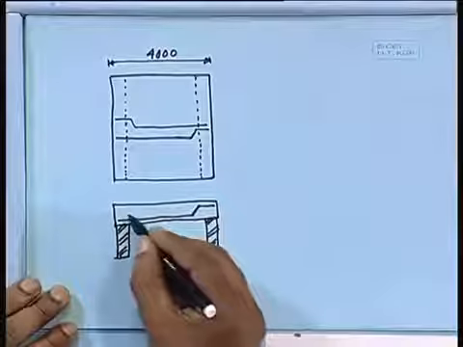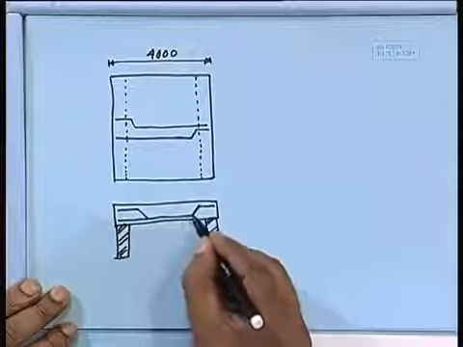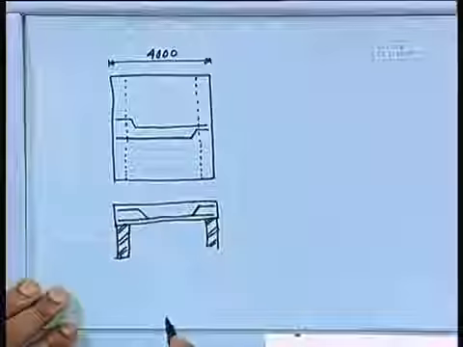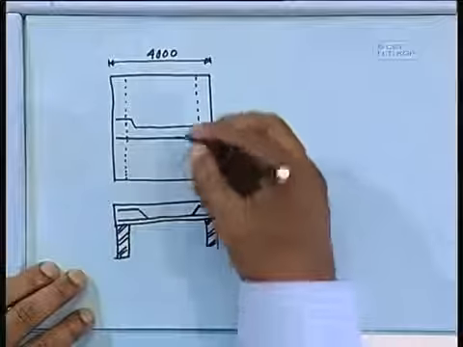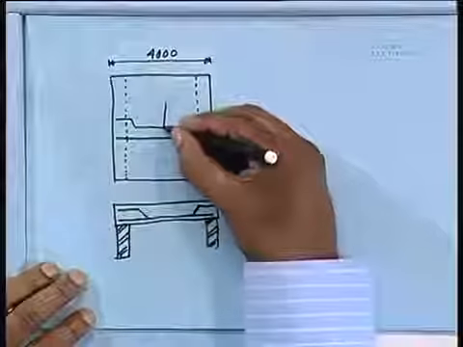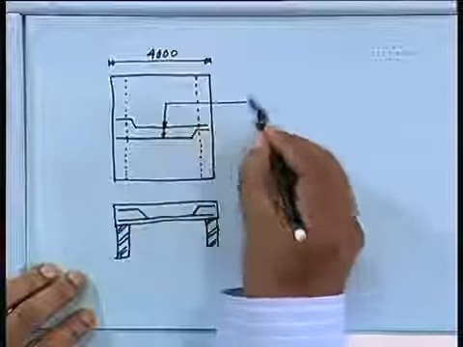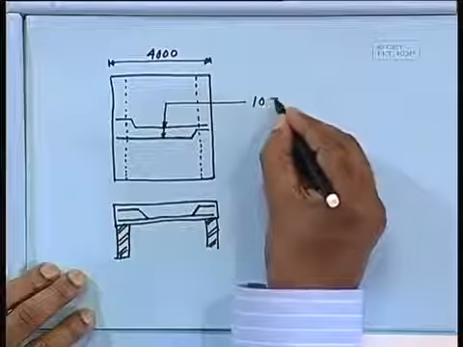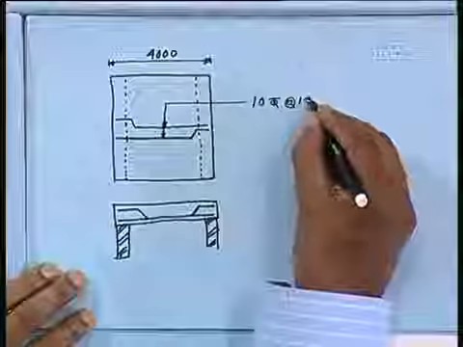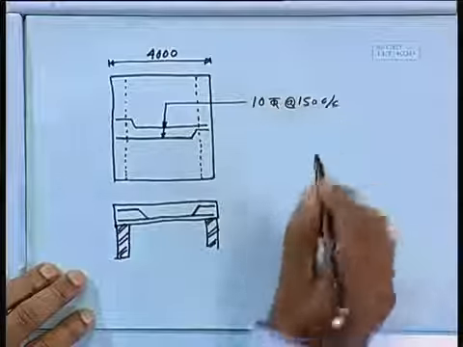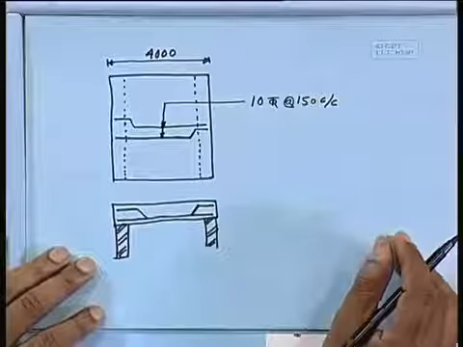So, I shall get the other reinforcement like this, and it will keep on going like that. Because we want simply supported case, we want this one as 10 torr at the rate of 150 center to center.